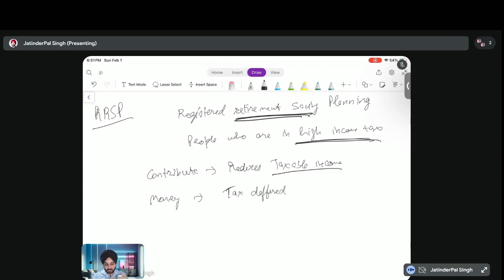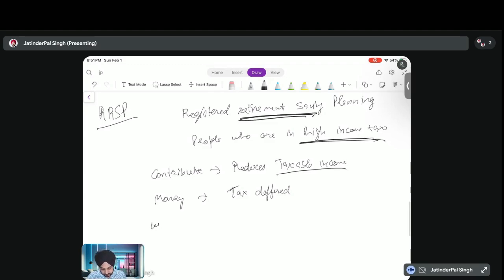That is the meaning of tax deferred. It means you are deferring your tax to the coming years, maybe 10 years, 20 years, we don't know, but that is how tax deferred money works. Okay, now the withdrawals.